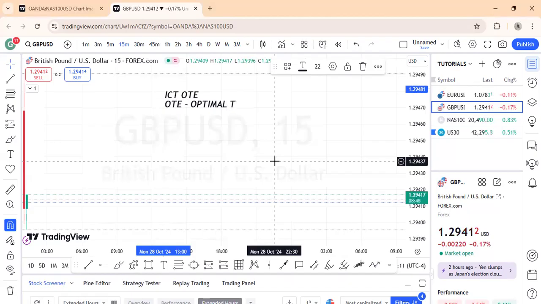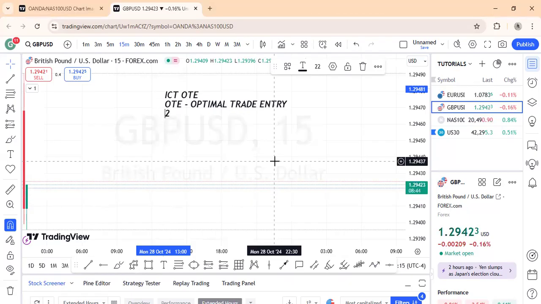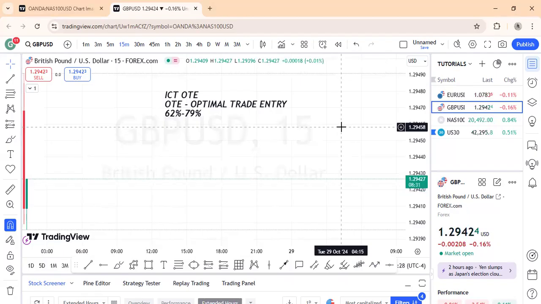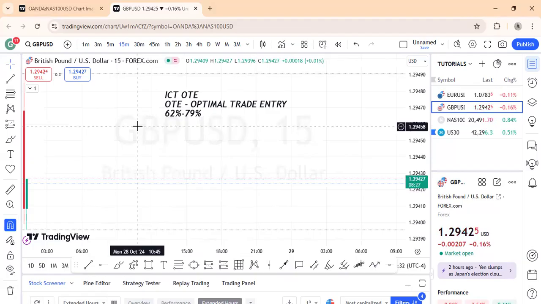OTE refers to fib levels between 62% and 79%. This is what ICT OTE means: Fibonacci levels between the 62% retracement level and the 79% retracement level.